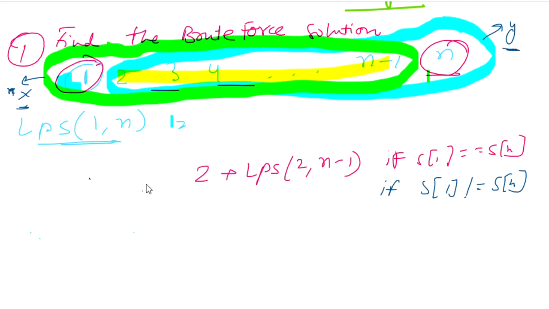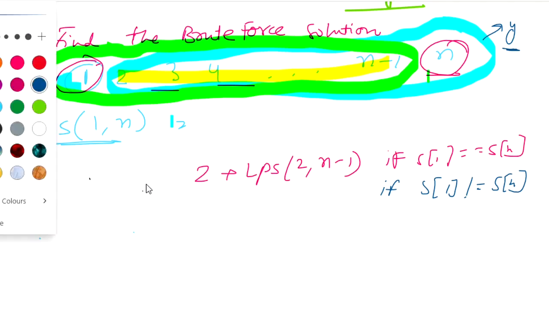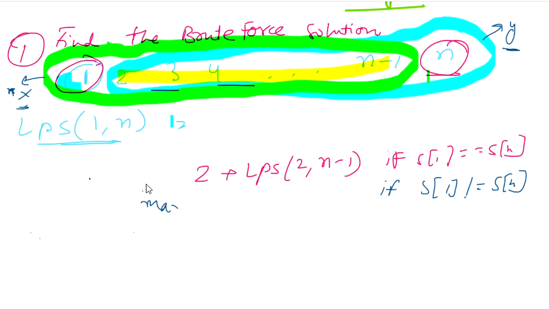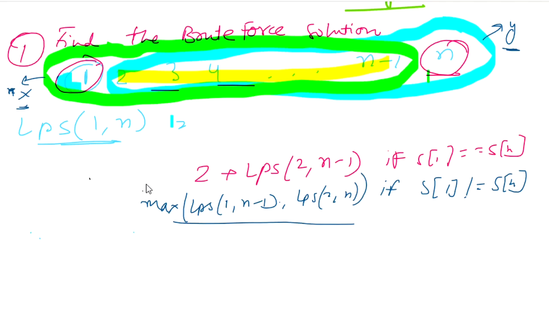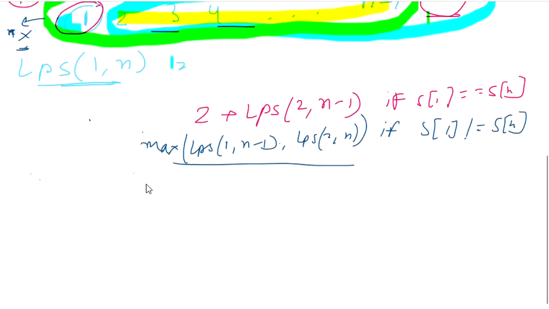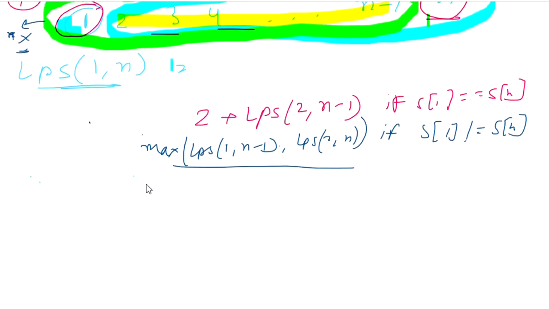So if s1 is not equal to sn, in that case we should return the maximum of LPS of 1 comma n minus 1 for the first string and LPS of 2 comma n for the second string. So we can extend this idea to a general relation.